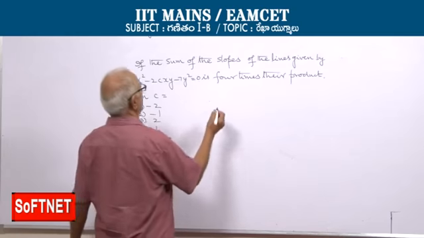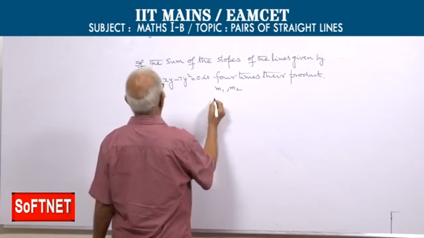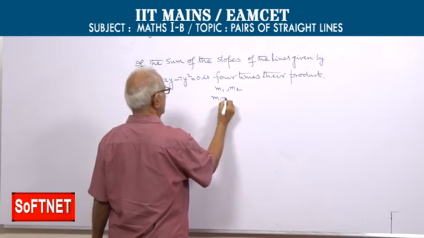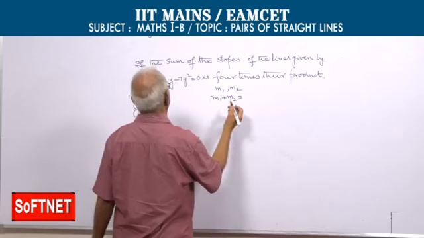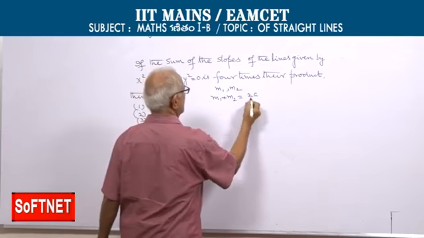Well, here let the slopes be m1 and m2. Then m1 plus m2 is minus 2h by b, that is 2c by minus 7.